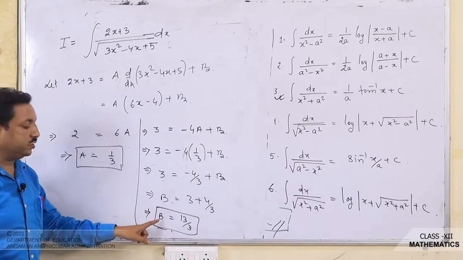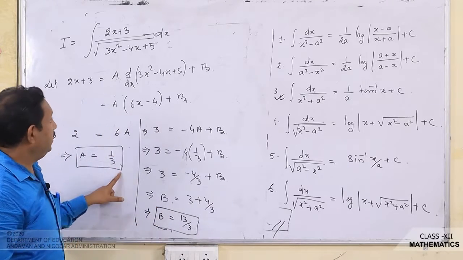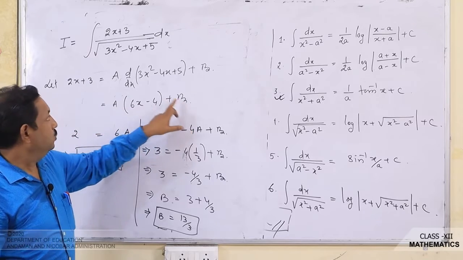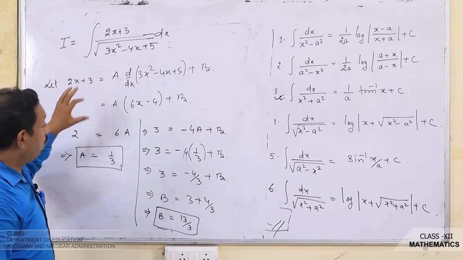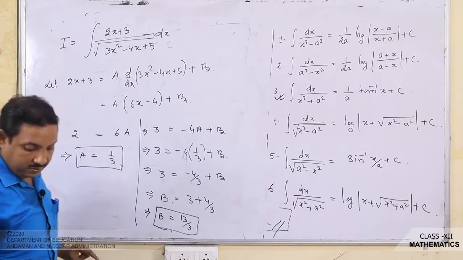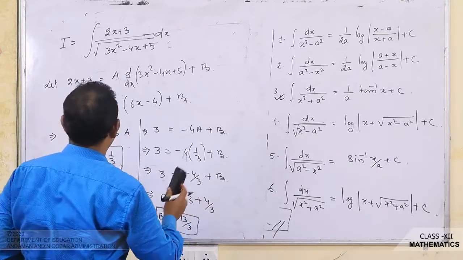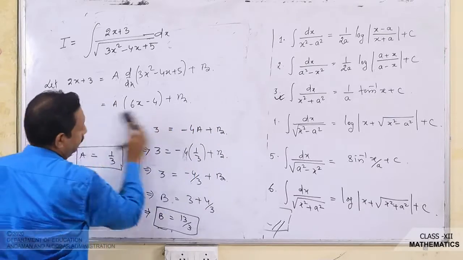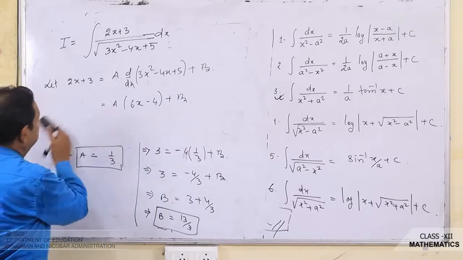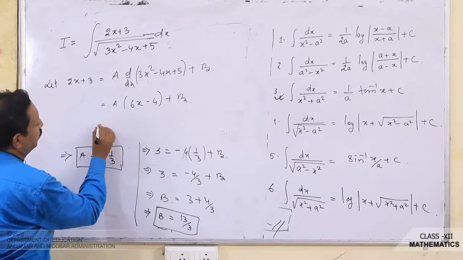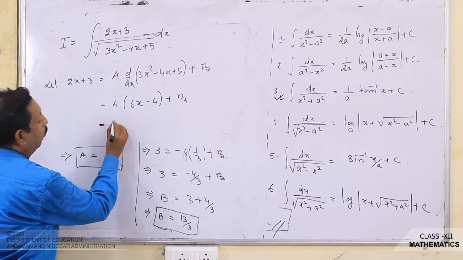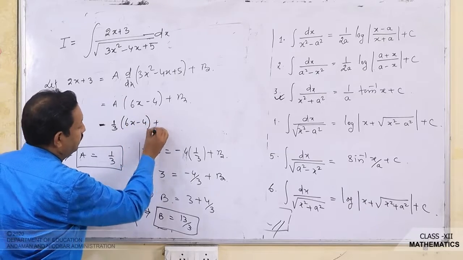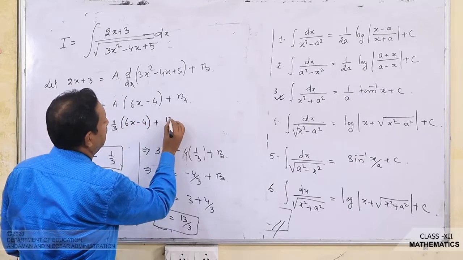Now, I put this constant a and b here. So, 2x plus 3 also can be written as 1 by 3 times of 6x minus 4 plus 13 by 3.